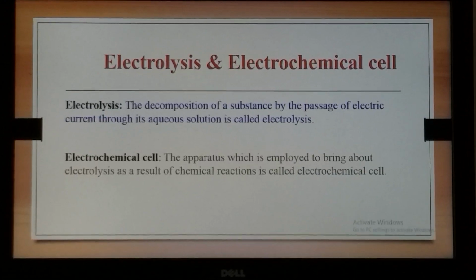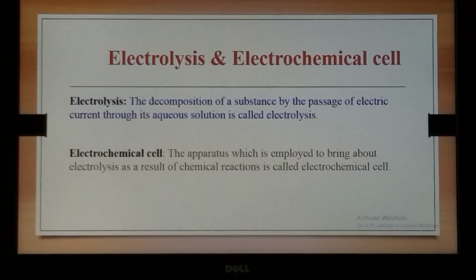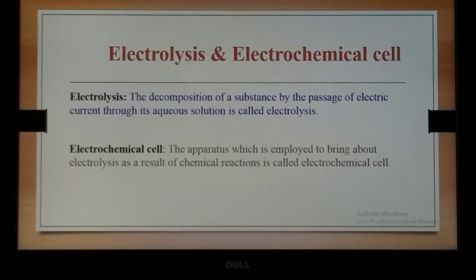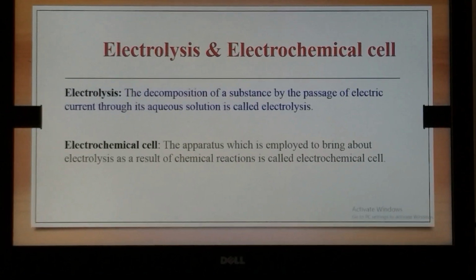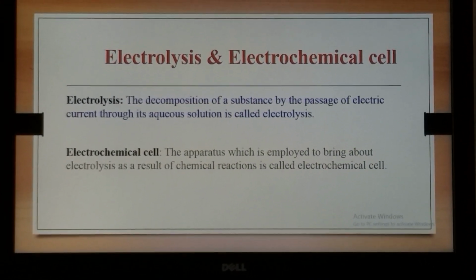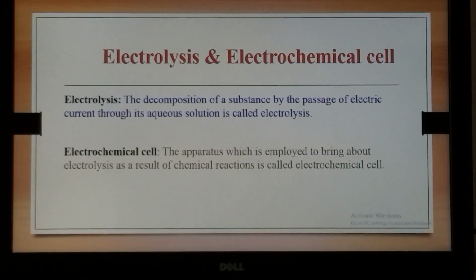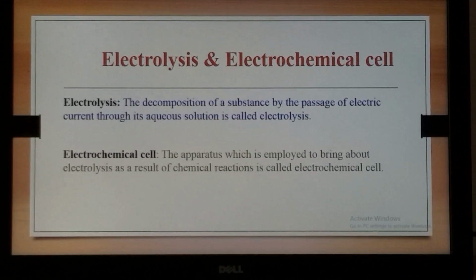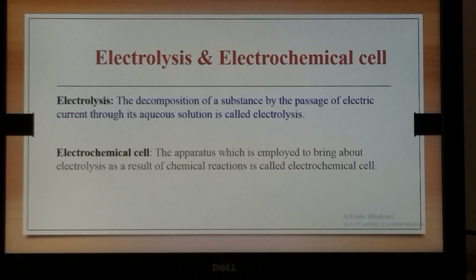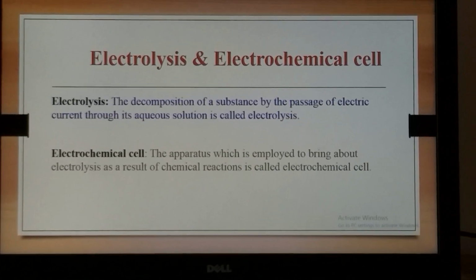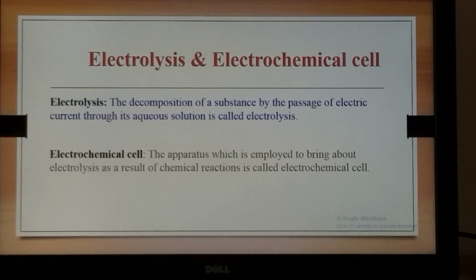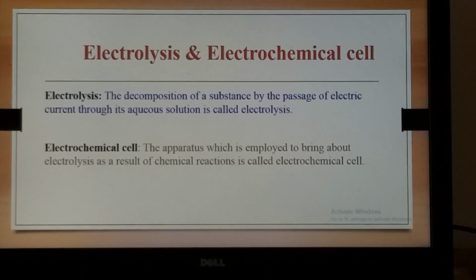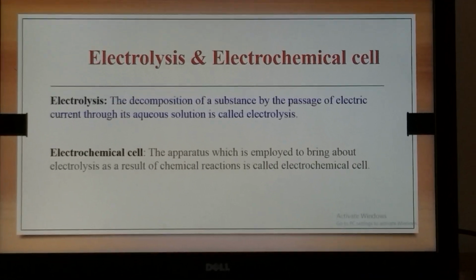So we can say that it is the electrolysis of the electrolyte that dissociates to produce ions, and these ions move towards one or the other electrode, resulting in the passage of electric current. The device which is employed to bring about the electrolysis, in which the chemical reactions take place, is called an electrochemical cell.